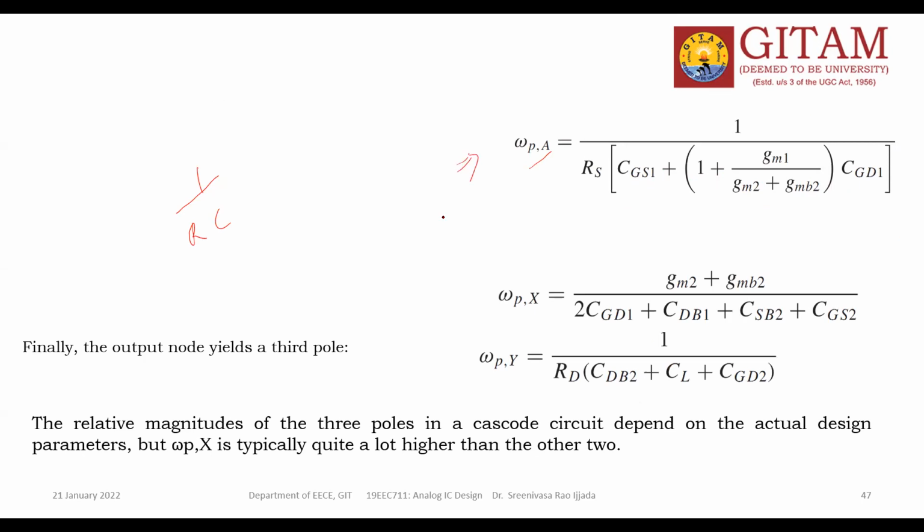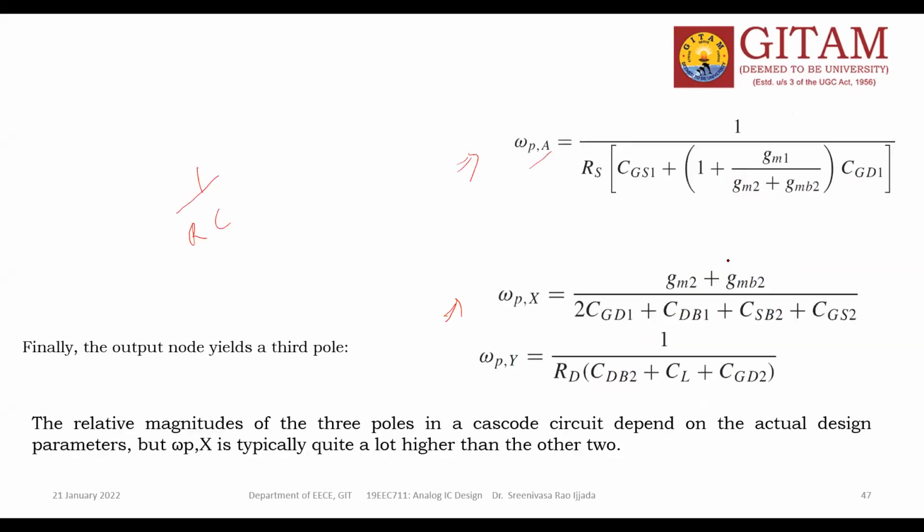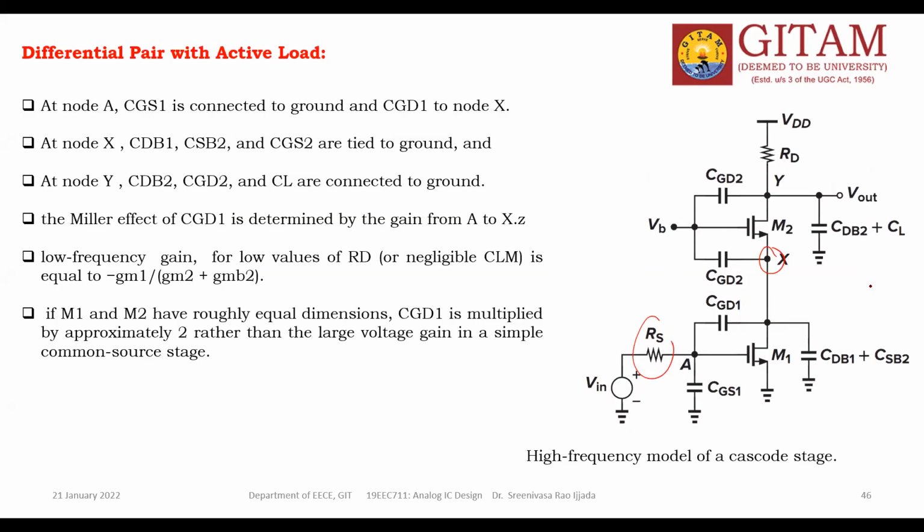Similarly, the pole frequency at node X. Again find it with the same formula, 1 by RC. What are the capacitances associated with this node?